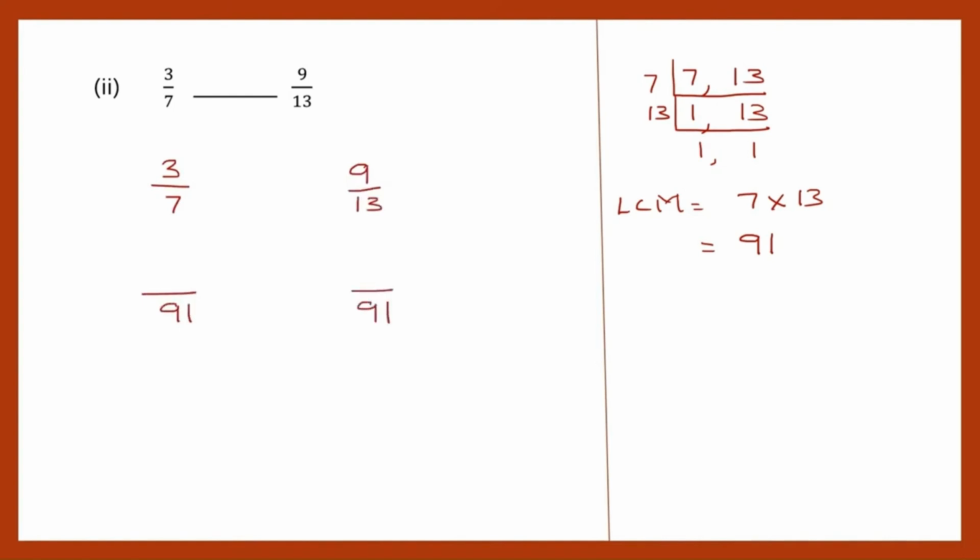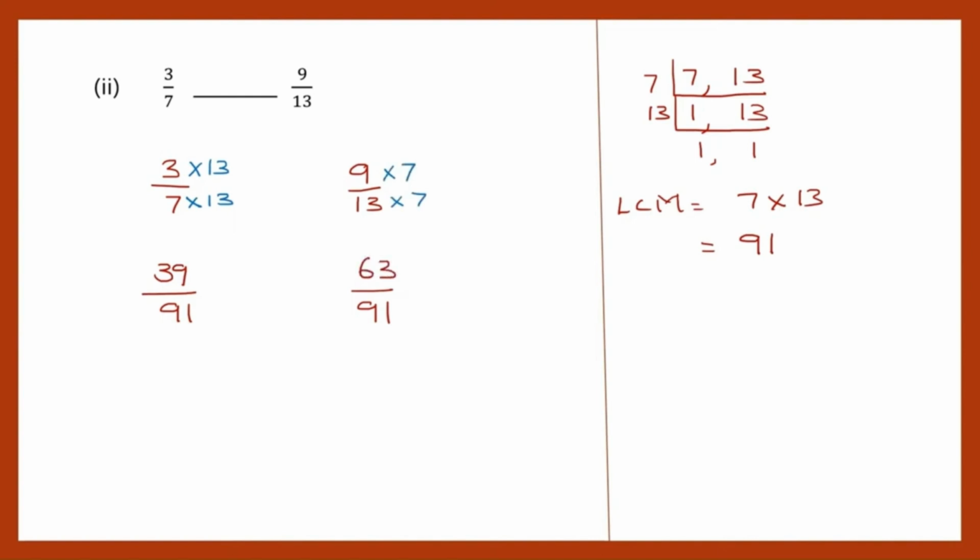Okay, now 7 into 13 is 91. So 3 into 13 is 39. Next one, 13 into 7 is 91. So 9 sevens are 63.